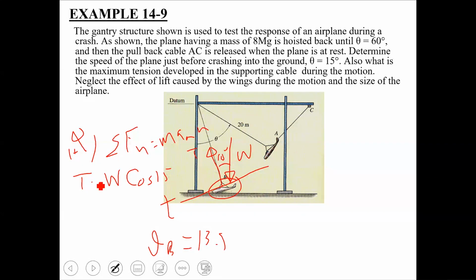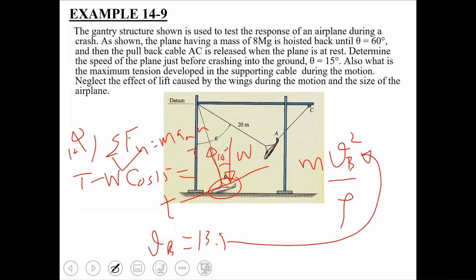Negative sir. So T minus W cos 15 should be equal to MAN. What is the value of AN? V square over rho, and V we have already found, which is 13.5 foot. You know the weight. So now you can find the maximum tension by solving this equation of motion. Is it clear to all of you?